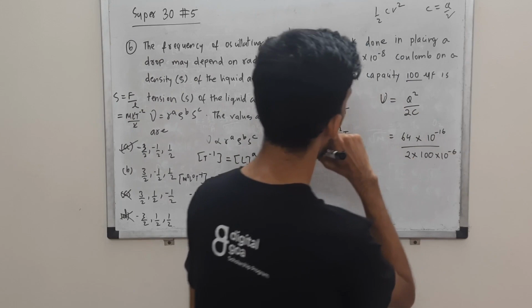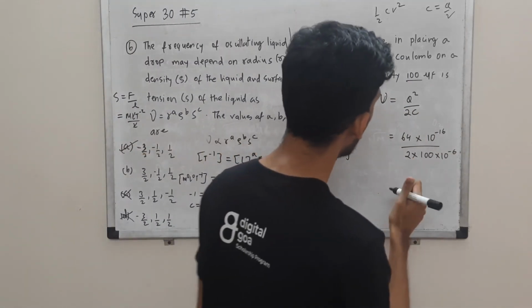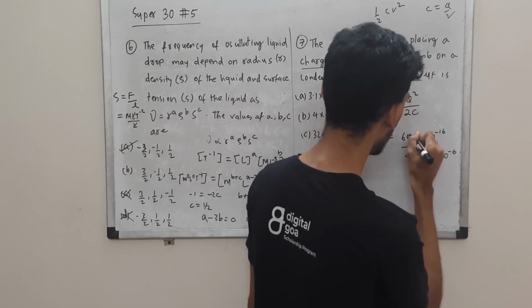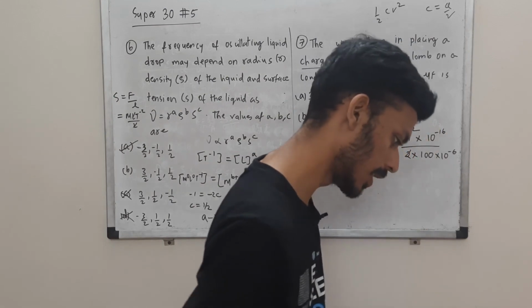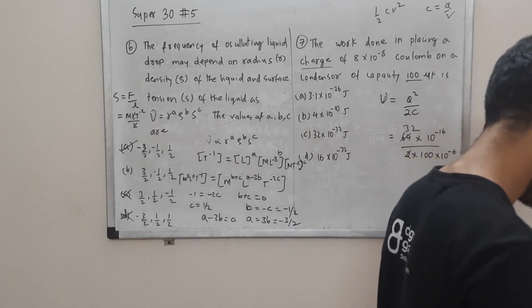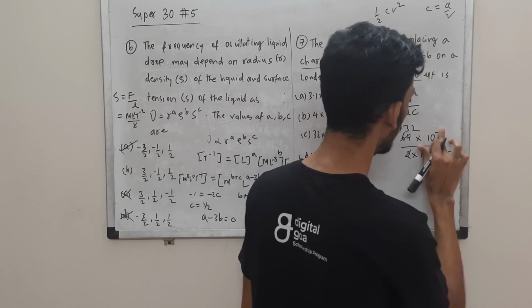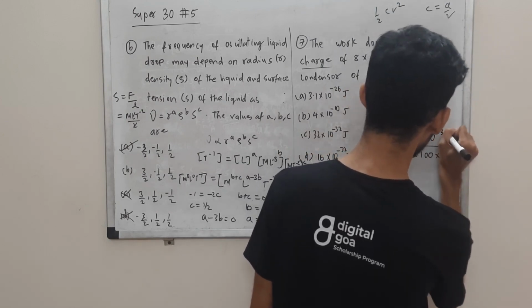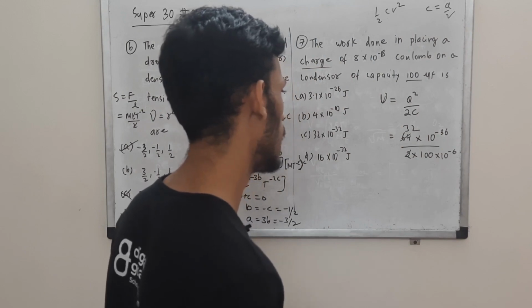Something is off over here. Let me check that. Oh, this was 18, so this will be 36, right? 18 multiplied by 2 is 36.